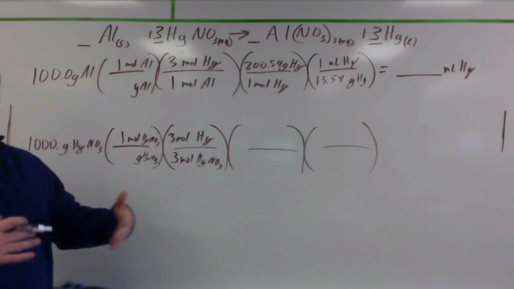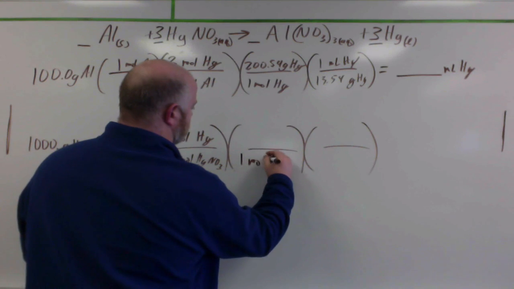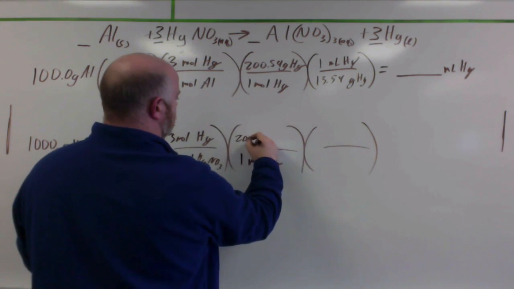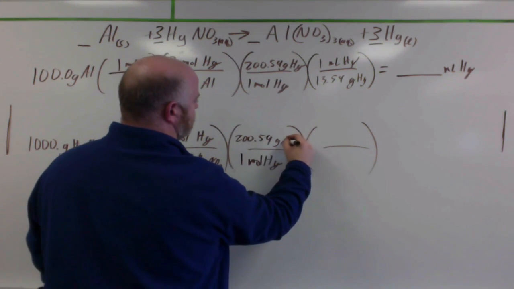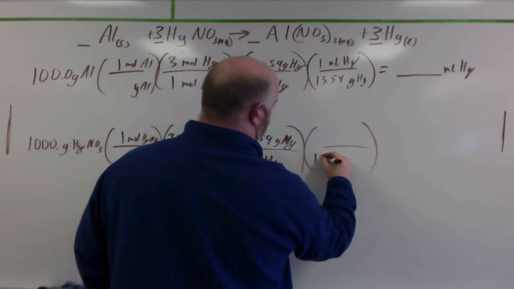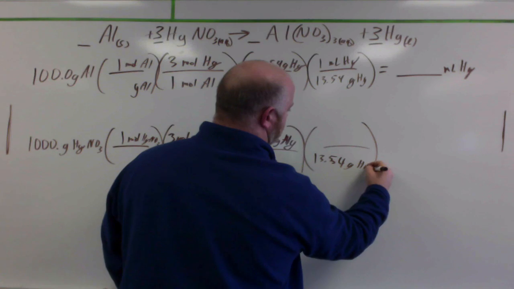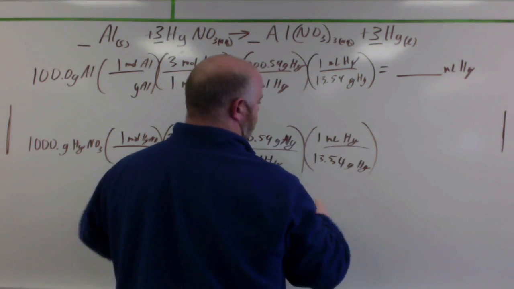But I like to show it just to remind myself I did that step. And then for every 1 mole of mercury, I get 200.59 grams of mercury. And then 13.54 grams of mercury for every 1 milliliter of mercury.